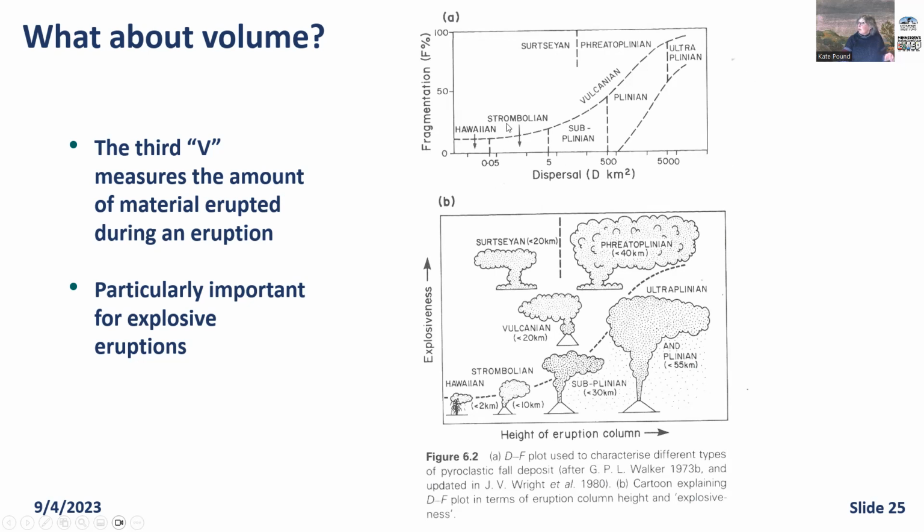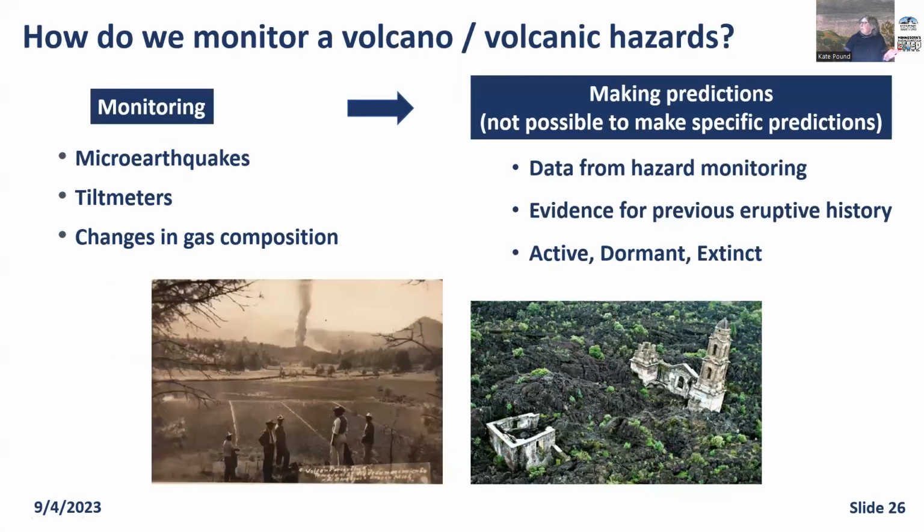There's Hawaiian eruptions, Strombolian, subplinian, plinian, ultraplinian, Surtseyan, Phreatoplinian, etc. And these are detailed in these kind of visual graphs. So that's just so you are aware of this.